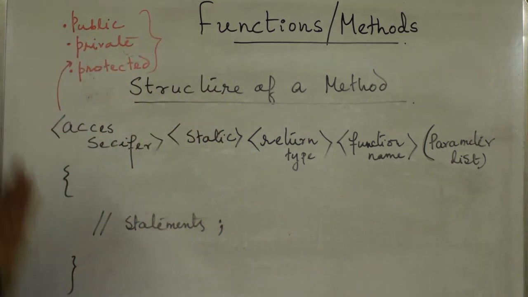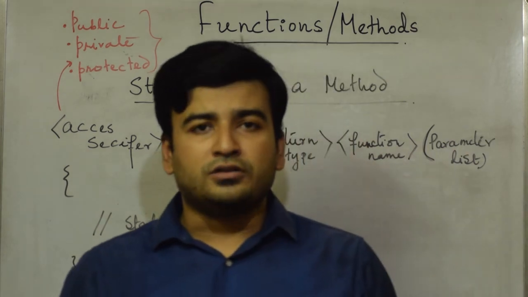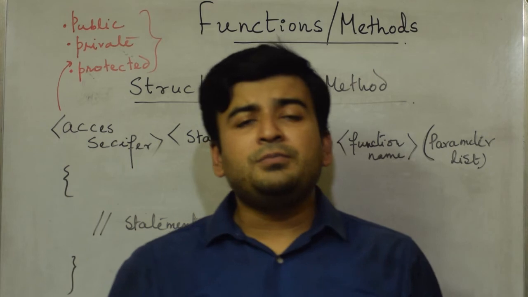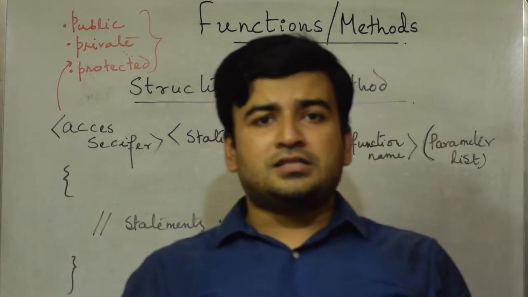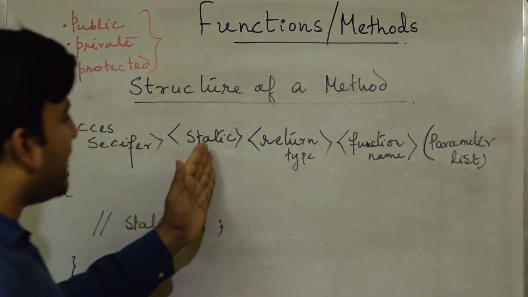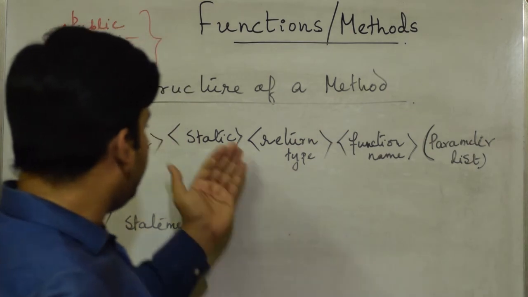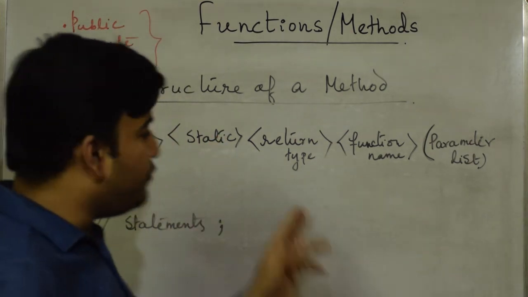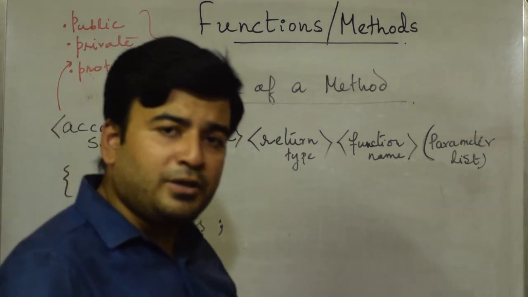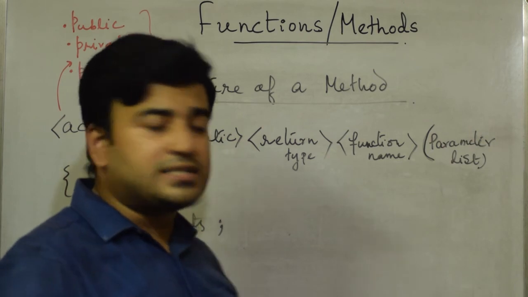Public means anyone can access your function. Private means only that class has access to it. The next thing is static. I already told you that if we are dealing with a static function, then we have to write static. If we use a non-static method, no need to write static here. That's up to us.